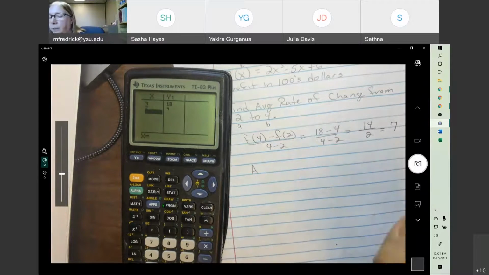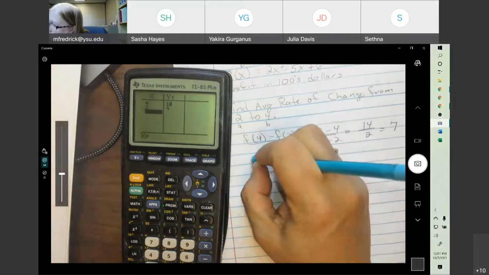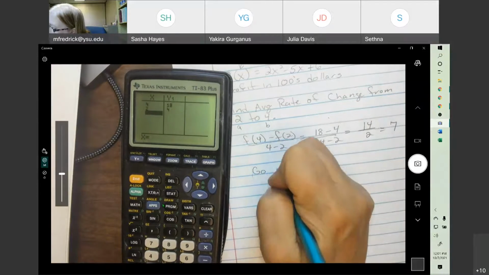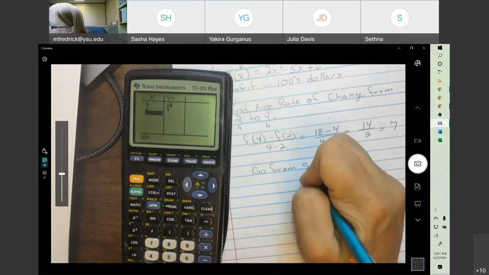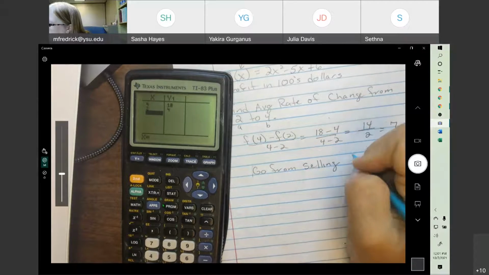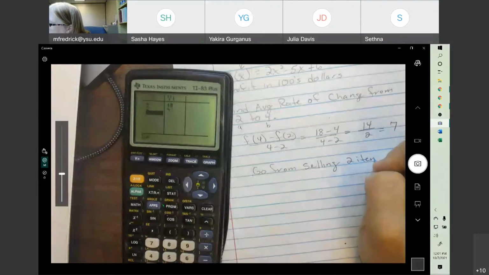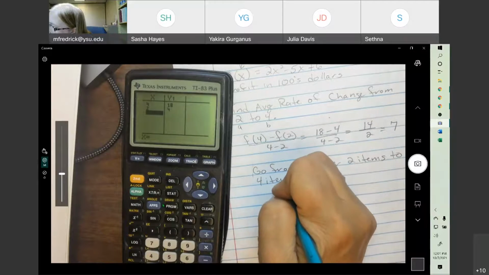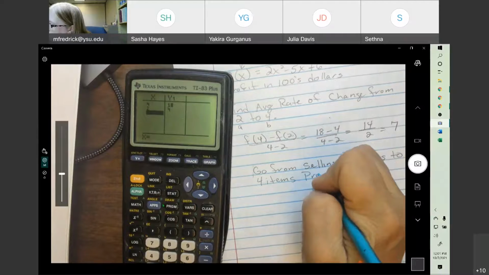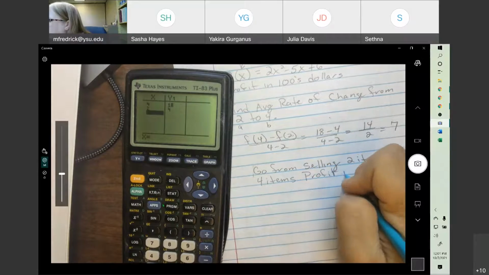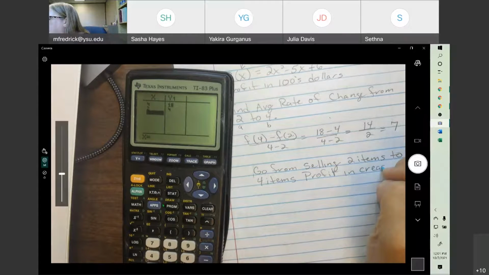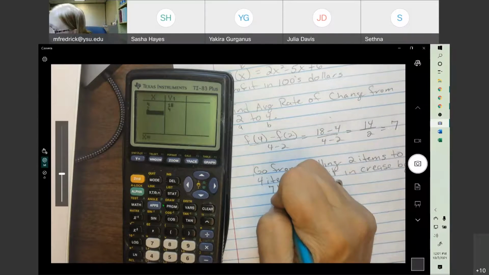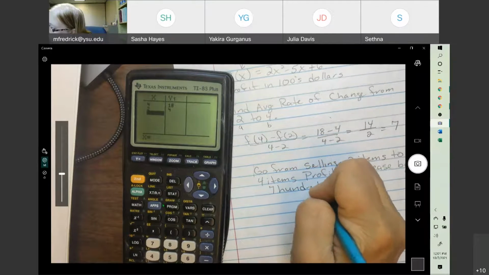So we're finding the average rate of change of the profit. Go from selling 2 items to 4 items. Profit increases by $700.